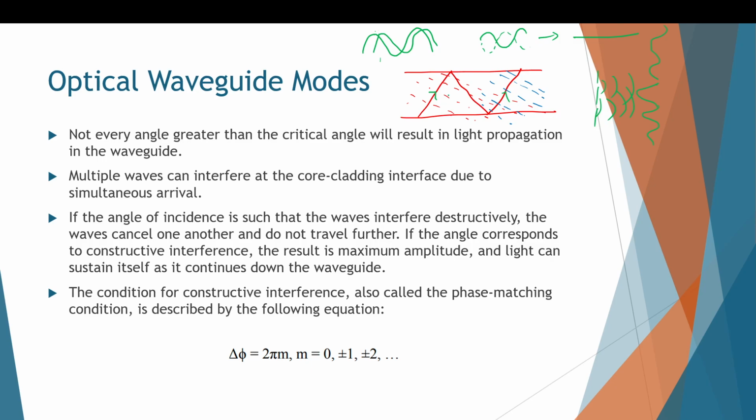So from this phenomenon we arrive at something known as the phase matching condition. Whenever the phase difference between two overlapping wavefronts is a multiple of 2 pi, it will be a constructive interference.